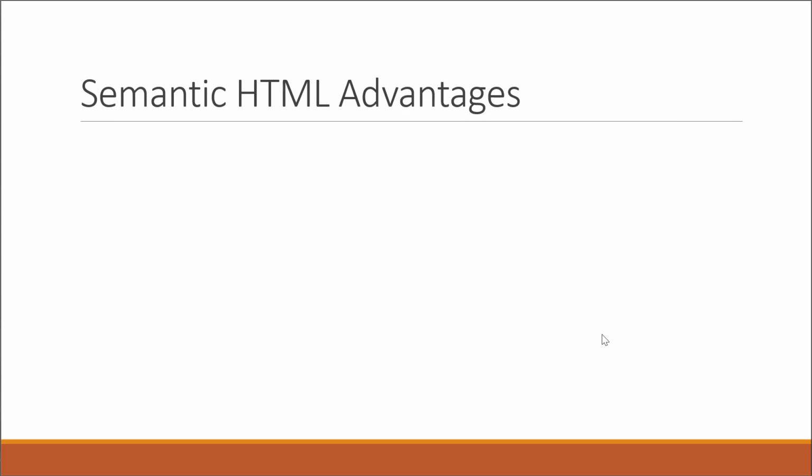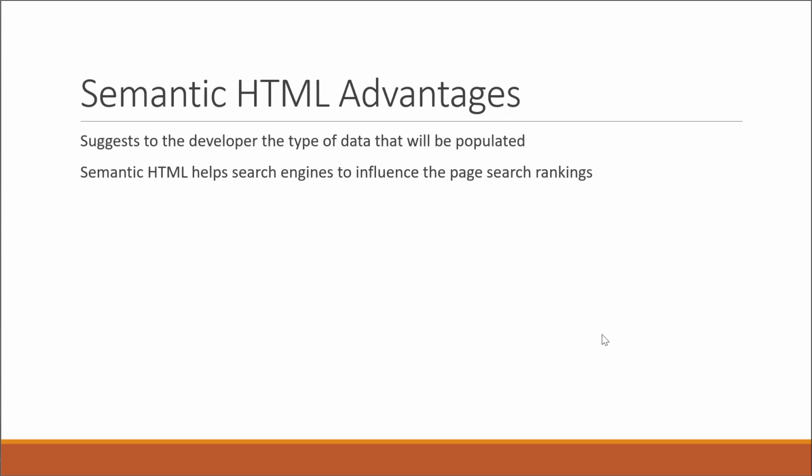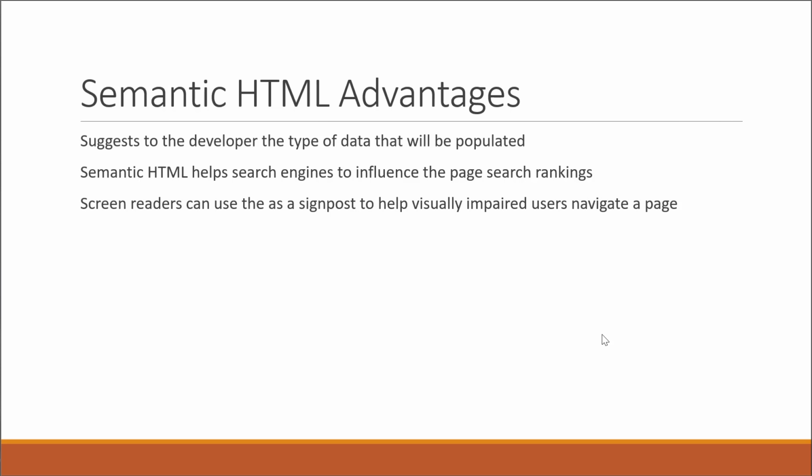With semantic HTML, the code suggests to the developer the type of data that will be populated. And not just that, semantic HTML helps search engines to influence the page search rankings, and screen readers can use them as a signpost to help visually impaired users navigate a page.